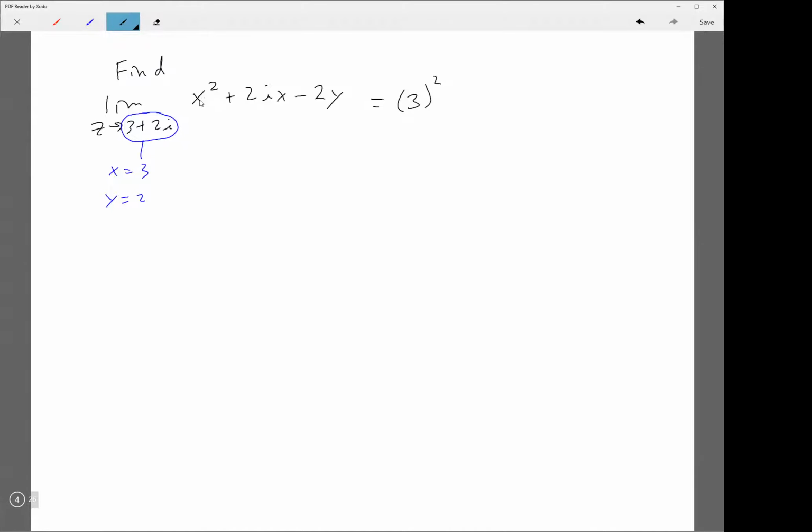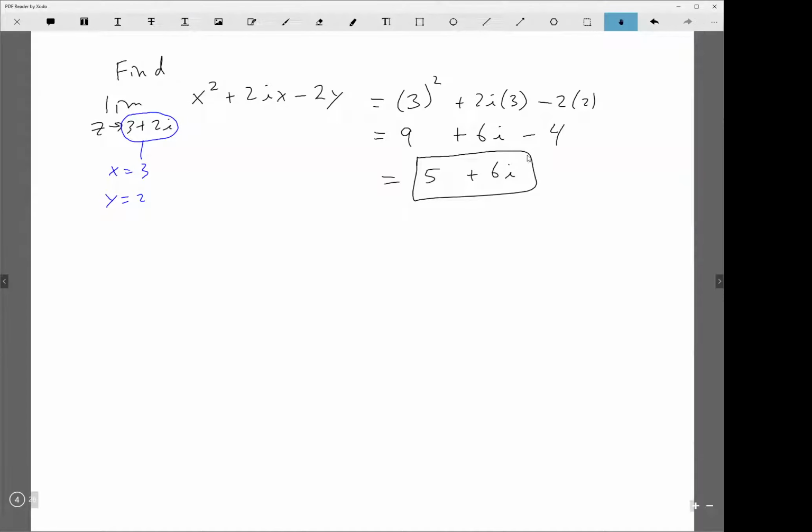So I plug a 3 in for this x, I plug a 3 in for that x, and I plug a 2 in for that y. And I have 9 plus 6i minus 4, and so that's going to be 5 plus 6i. So I just wanted to show you how to work with the other version, but we're doing a limit, and pretty much limits are kind of like plugging in stuff.